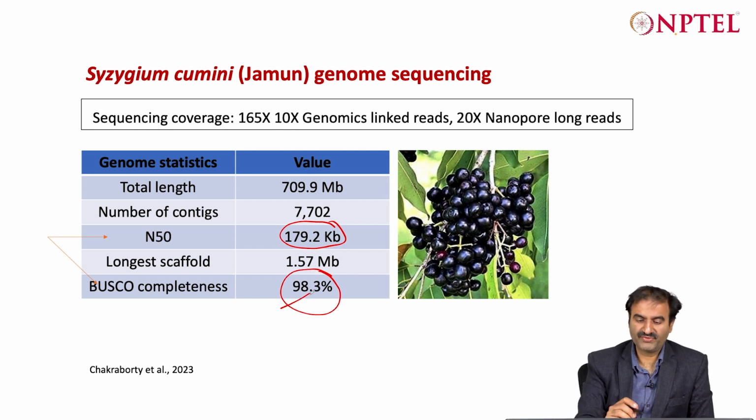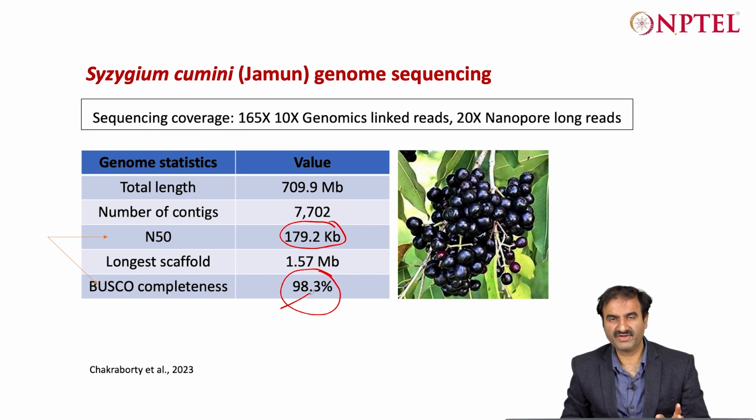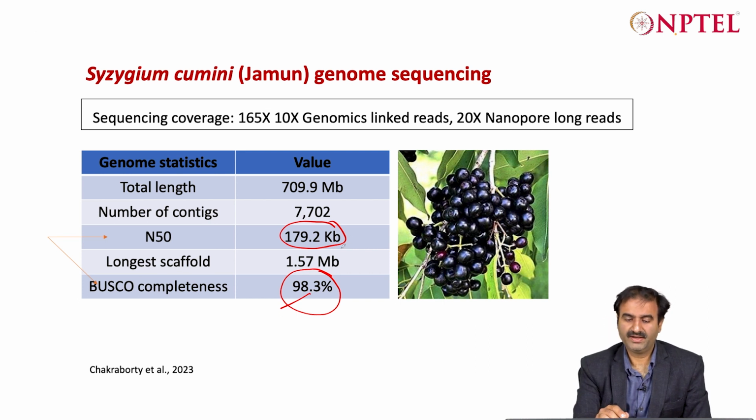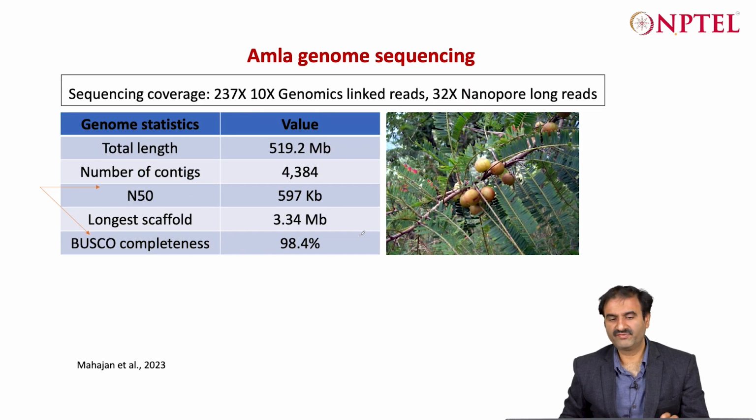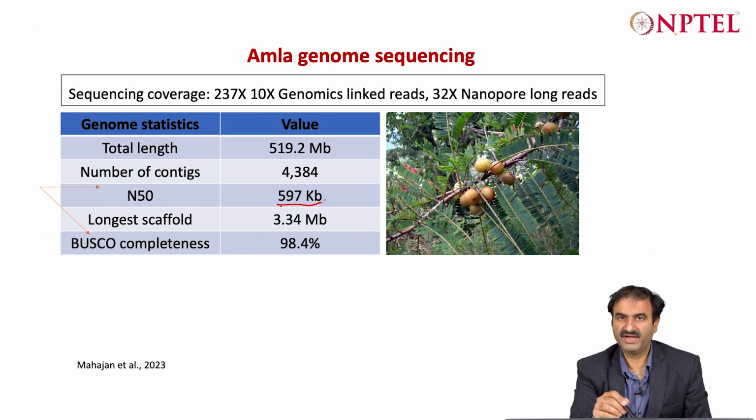That means almost 98% of genes, which are single copy orthologs (SCOs), are covered, which gives you an idea that your genome is kind of complete, and N50 is also good enough to go further. In the case of Amla, you got a very good N50 of 597 kb and also Busco of more than 98%, which means it is a good quality assembly for going further to the chromosome level assembly. Anything above 0.5 MB or 500 kb is good enough.